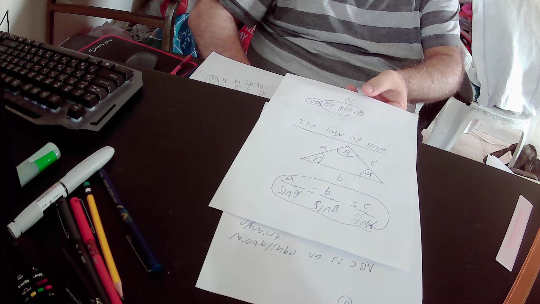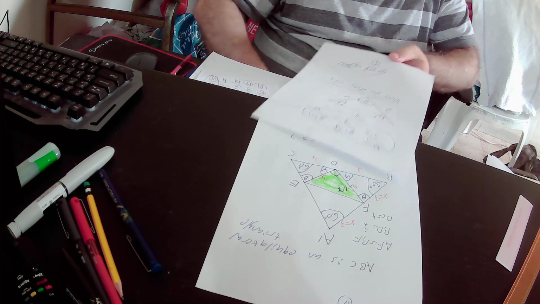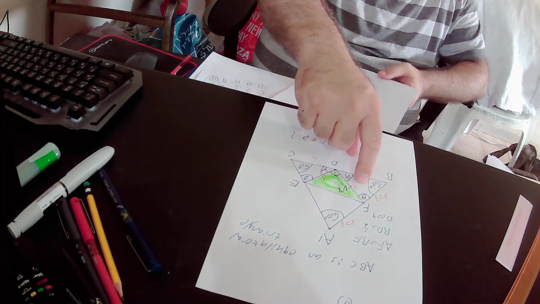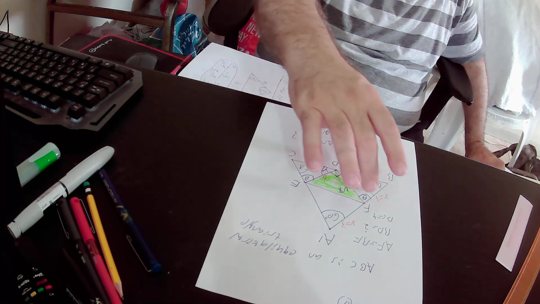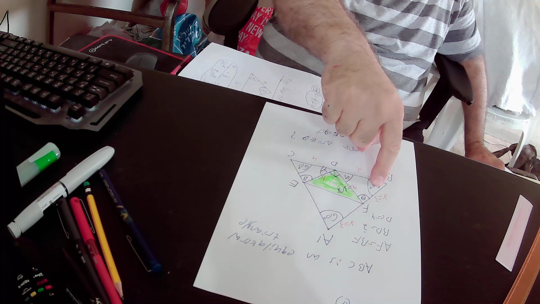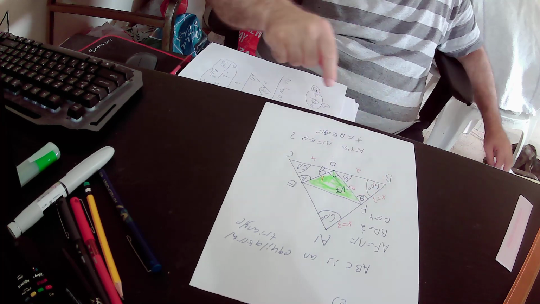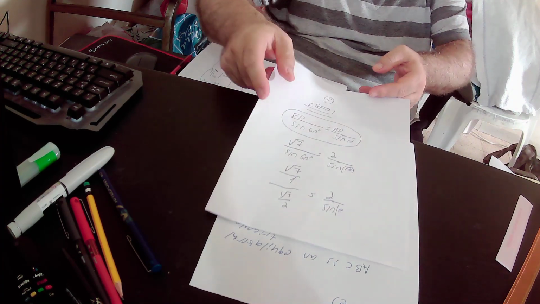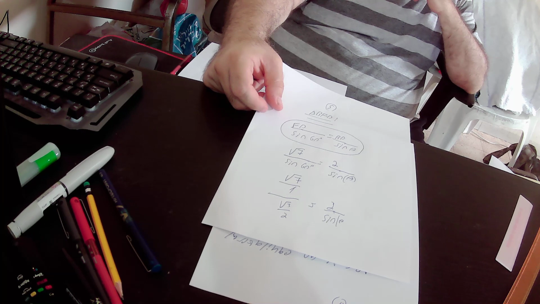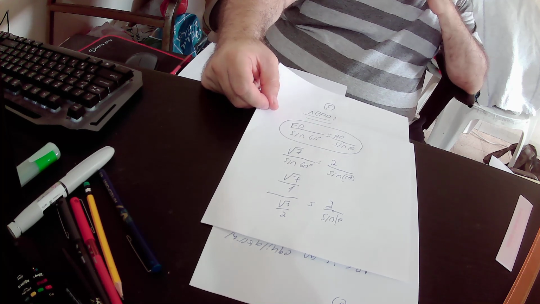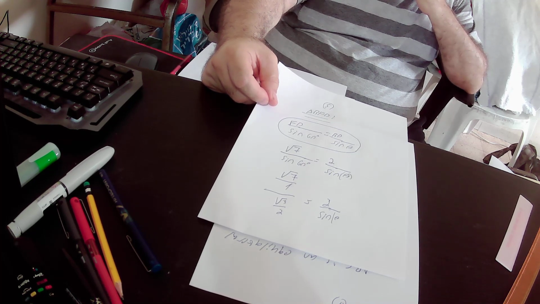So we implemented this law in triangle BFD. In triangle BFD, we can say that FD over sine 60 degrees equals BD over sine theta. Here we have the values of all the sides.